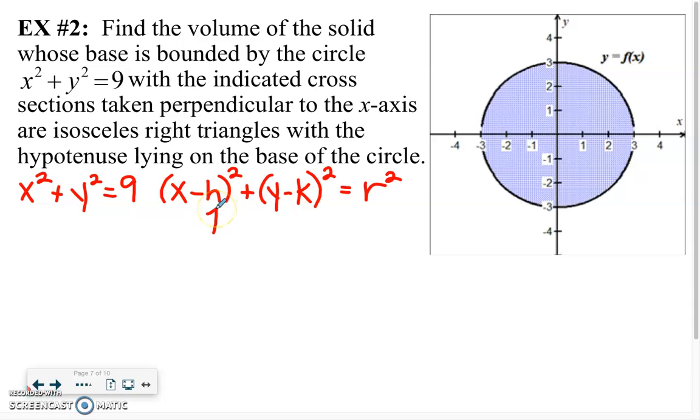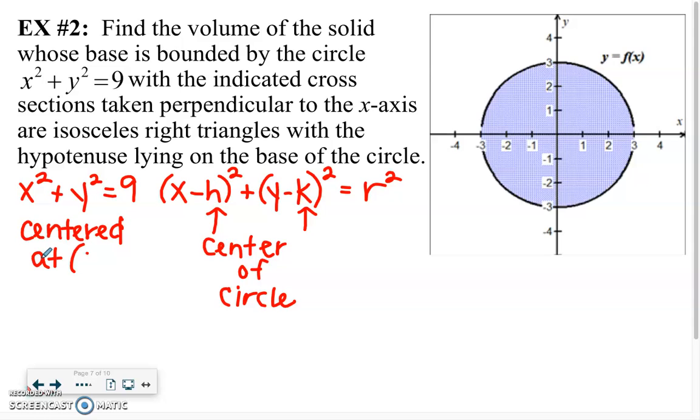This h value and this k value tell where your circle is centered. I'm just showing this real quick because this is probably going to come back at some point. Since we don't have an h or a k value being subtracted in our example, that means our circle is centered at the origin.